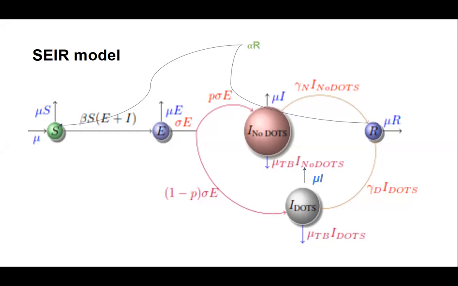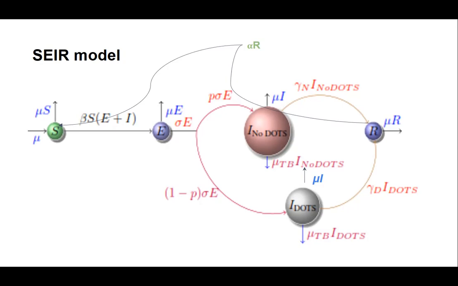And then we have the recovery compartment. The births feed into the susceptible compartment. The rate of change from the susceptible compartment to the exposed compartment is fed by all the compartments.